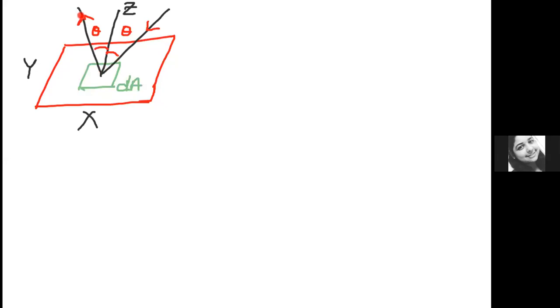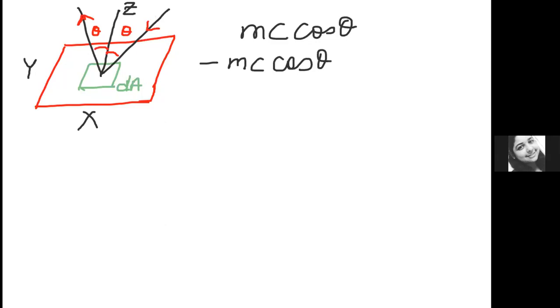So the normal component of incident momentum will be mc cos theta, and that of reflected momentum will be mc cos theta with a negative sign. Are you following?